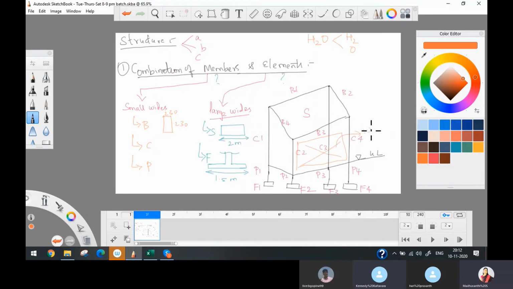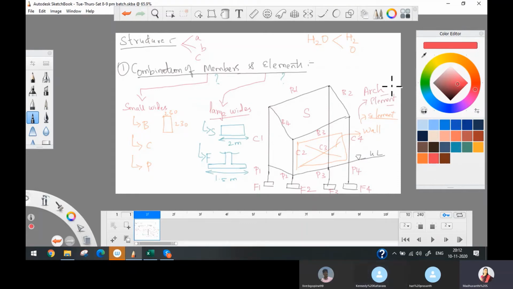This wall I didn't include under the structural member or element category. The wall also has a large width, so it can also be an element. But why have I not included it here? The reason is the wall is not a structural element. It's just an architectural element, not a structural element.